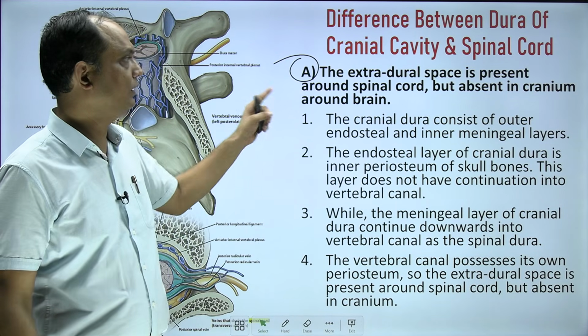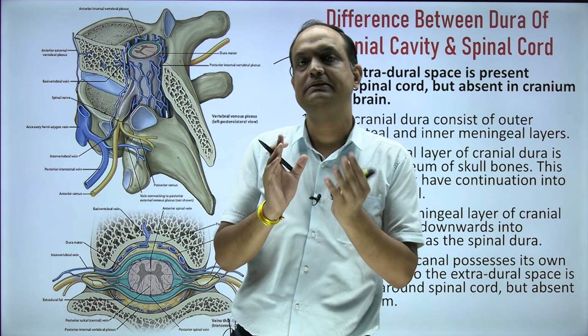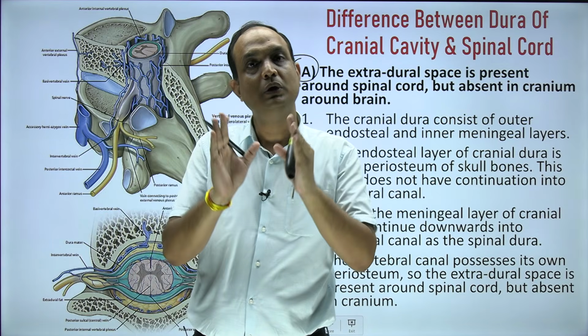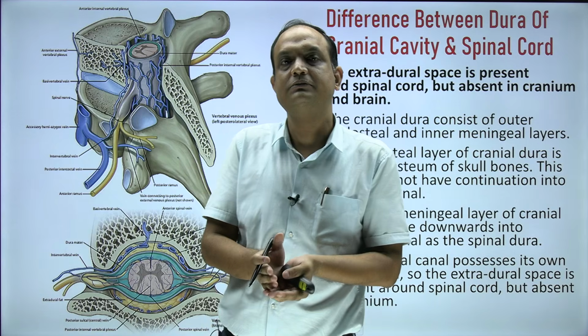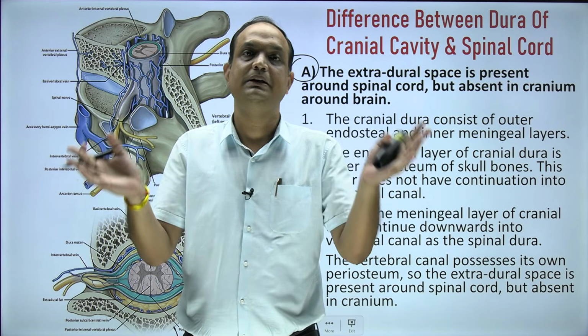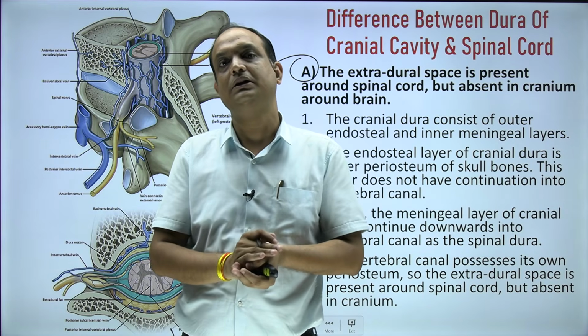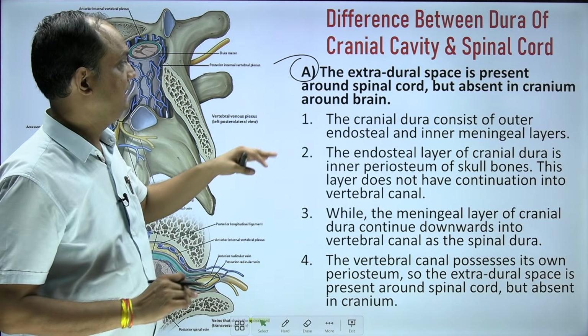Always keep in mind that inside the cranial cavity you have the subdural space and subarachnoid space, but around the spinal cord you have the extradural space, subdural space and subarachnoid space. Now why is the extradural space absent around the brain?